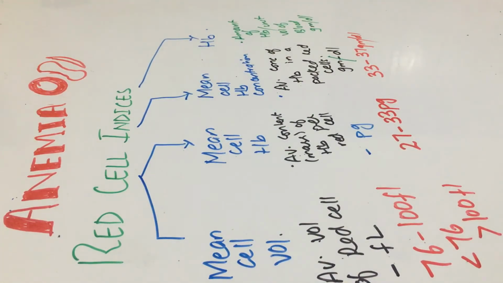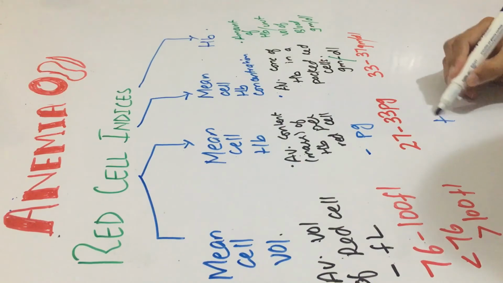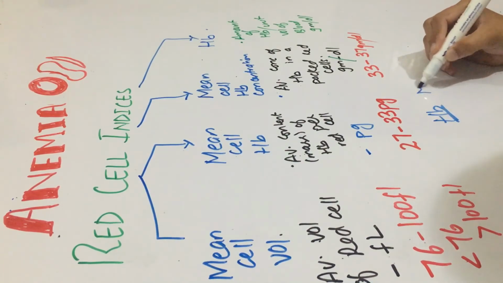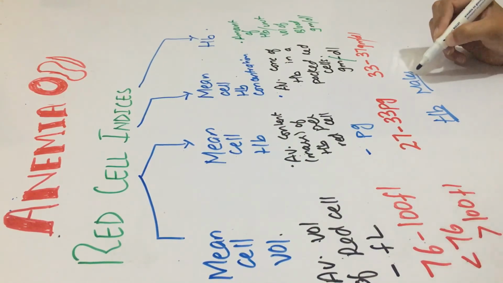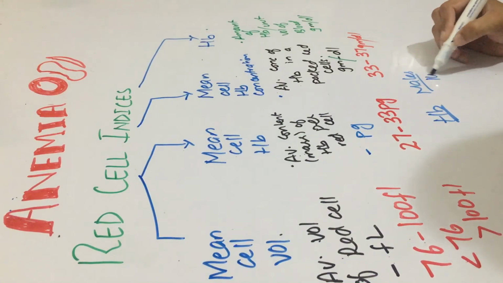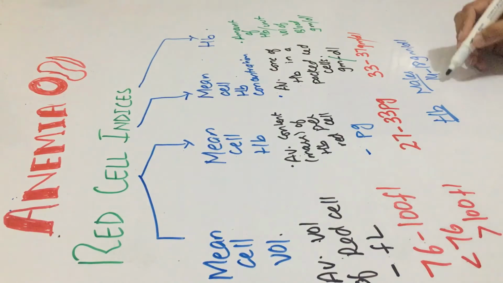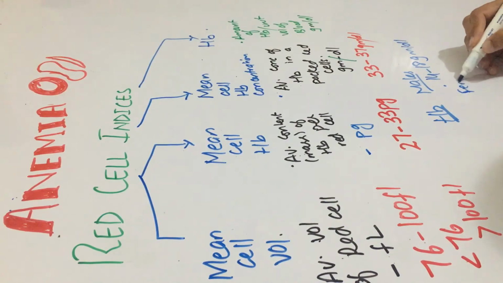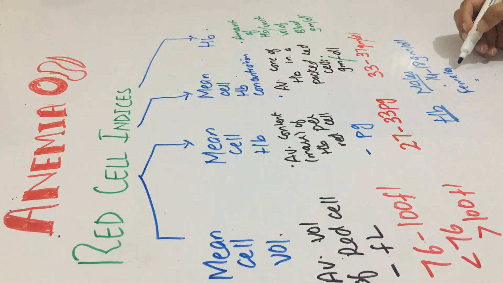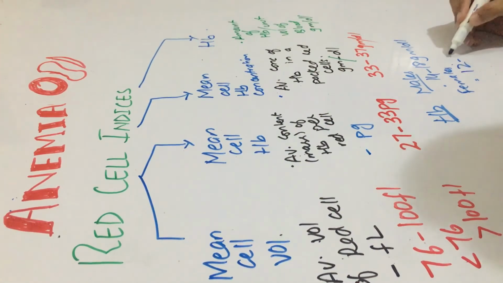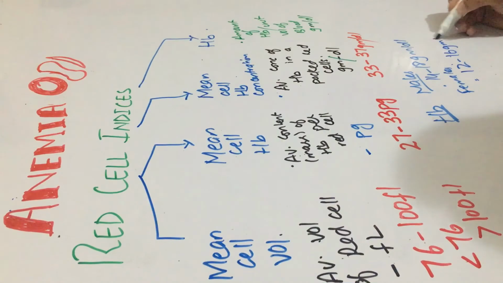The hemoglobin values for males and females are different. For males, about 14 to 18 gram per deciliter is the normal value of hemoglobin, whereas for females its value ranges from 12 to 16 gram per deciliter.